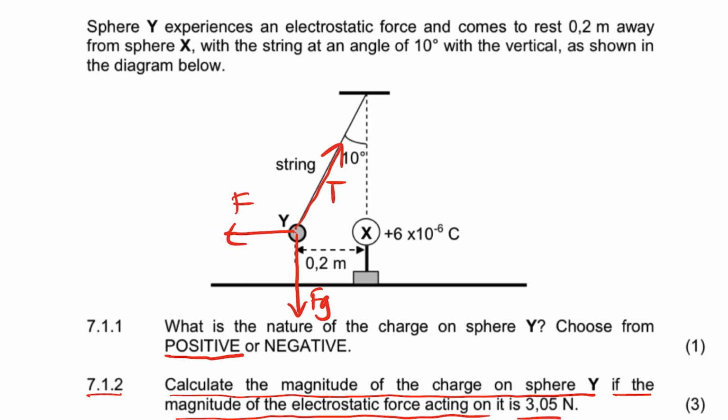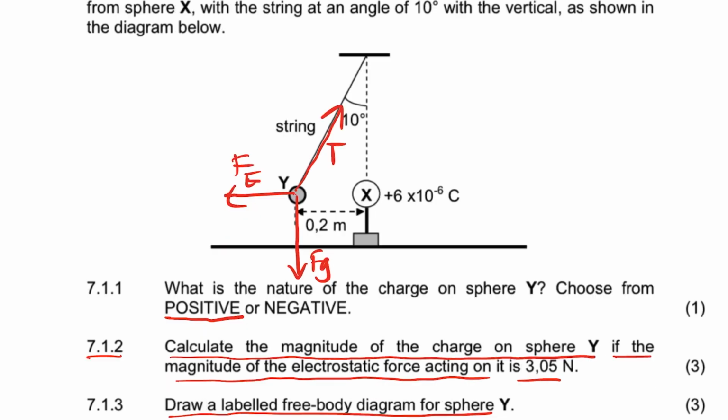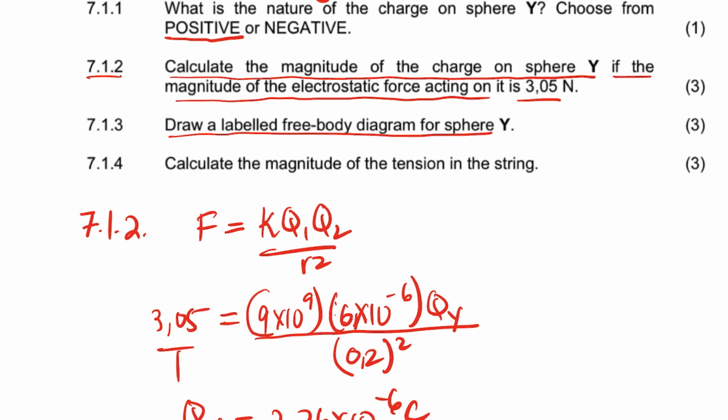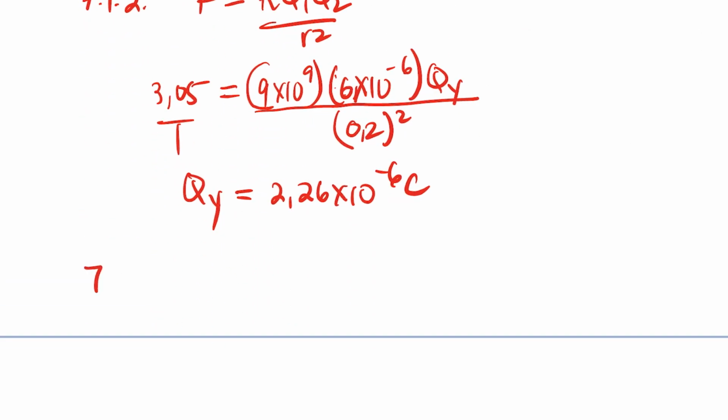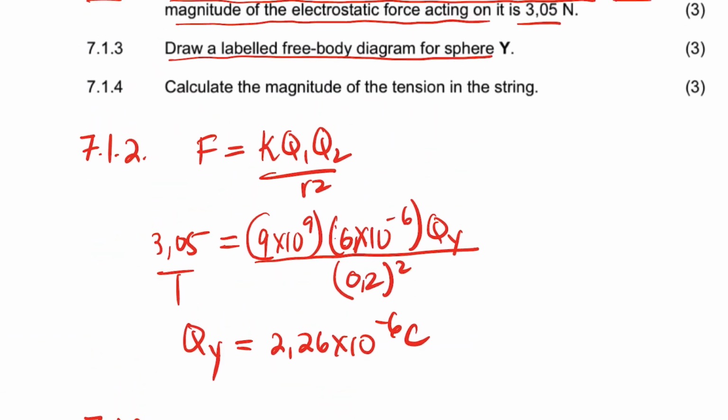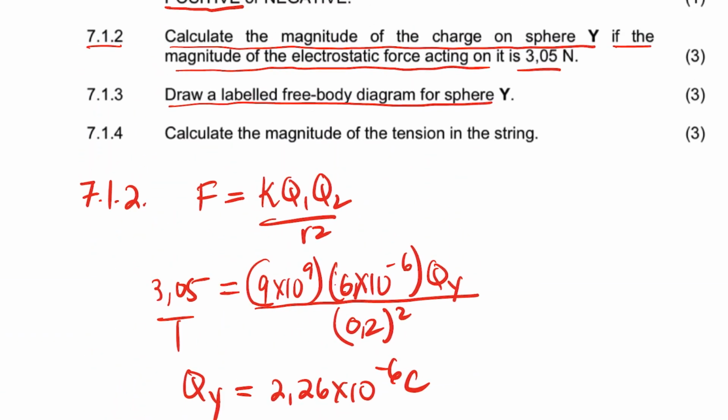So drawing a free body diagram, it's going to be the tension force there, the gravitational force downwards, and the electrostatic force due to X, right? That's the free body diagram there.